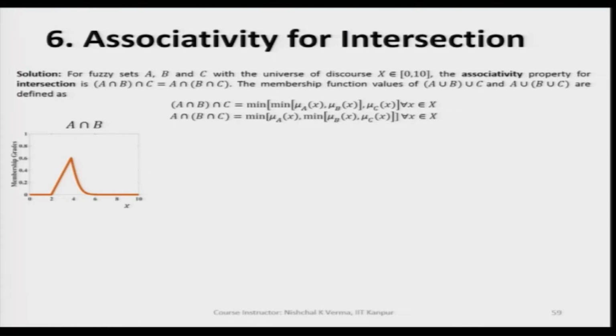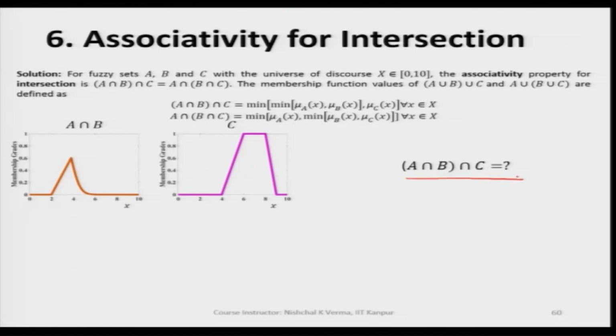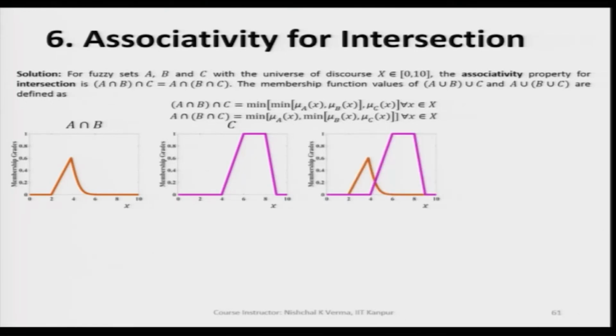the third continuous fuzzy set, which is C. So, it is here, and if we do that, let us see what we are getting.